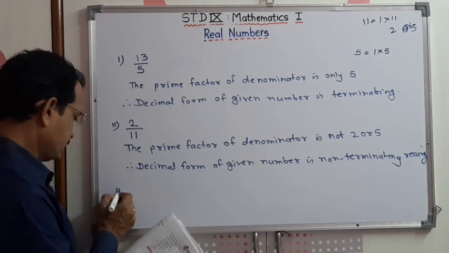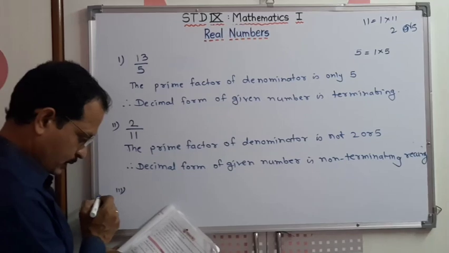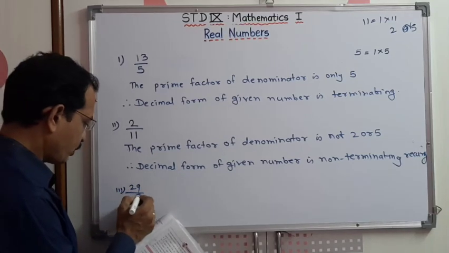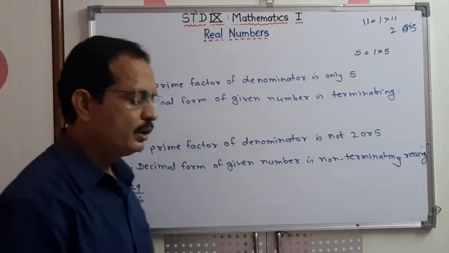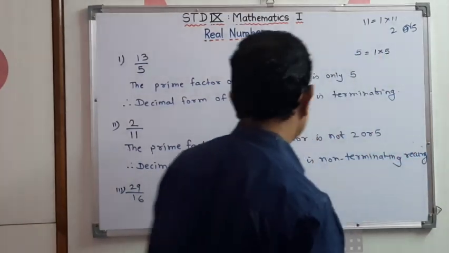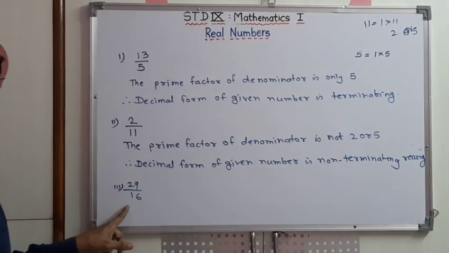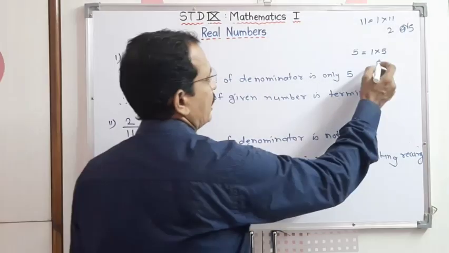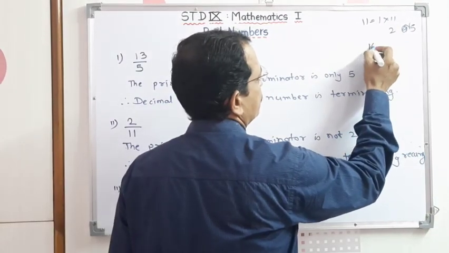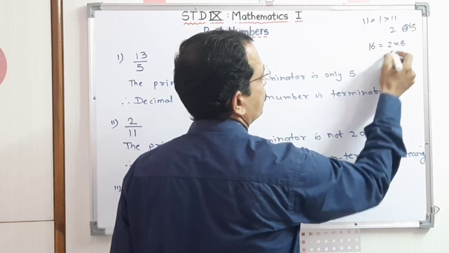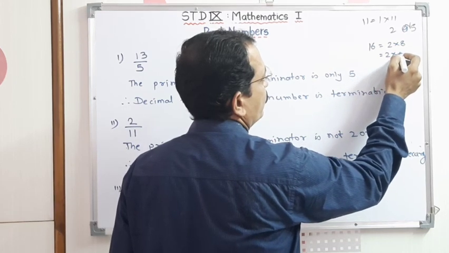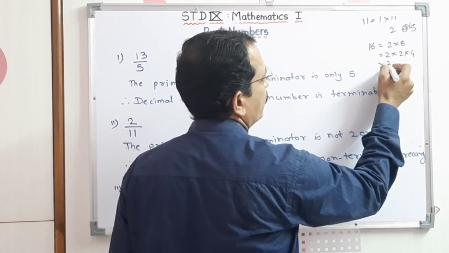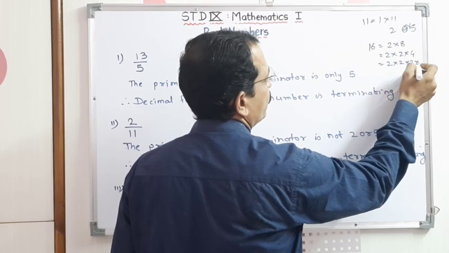Let's see the third one. It is 29 upon 16. Now see the prime factor, denominator is 16 and take out the prime factor of 16. We can write it as 16, 2 into 8, then 2 into 2 into 4, then 2 into 2 into 2 into 2.